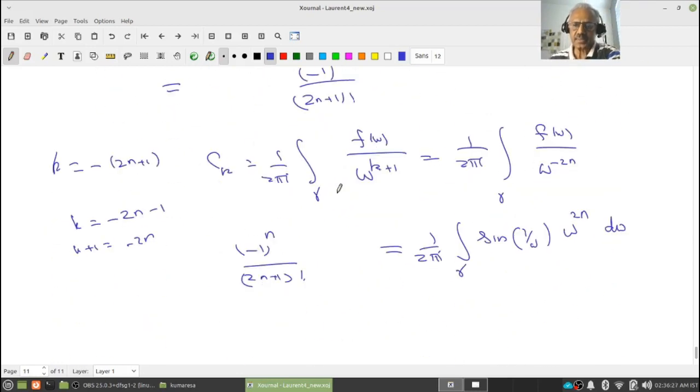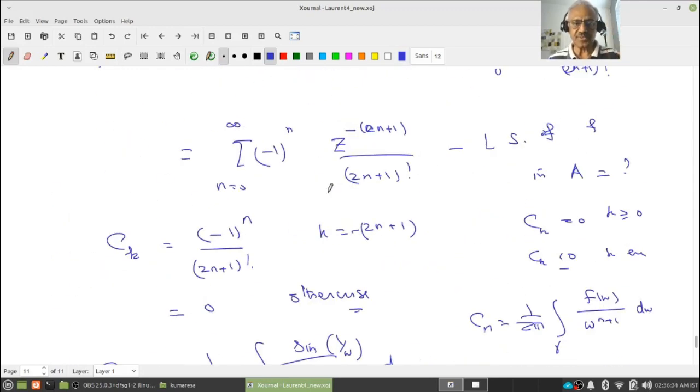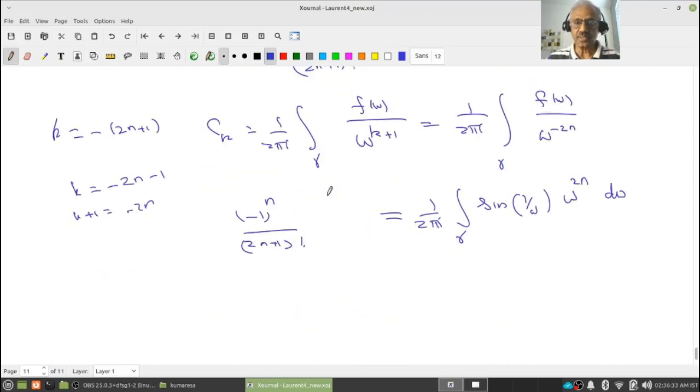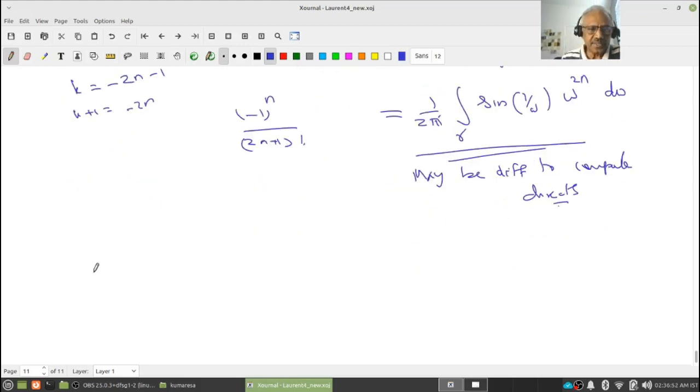So what we have got is, by manipulation we found out ck, and hence that allows us to compute a path integral of this kind. It may be very difficult to compute directly. A more interesting example is found in my book.